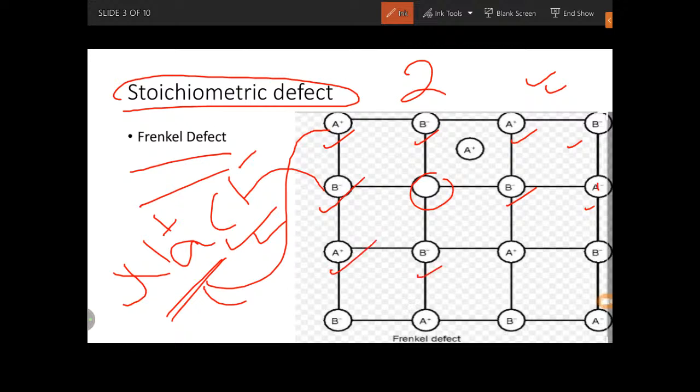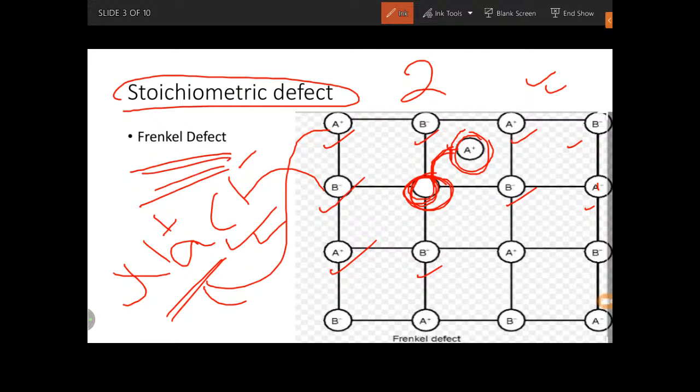But all of a sudden, if you observe here, an A plus is missing from its own position, and it has gone into this blank space, which is known as an interstitial site. So whenever a cation goes out from its own position to an interstitial site, this is known as Frenkel defect.